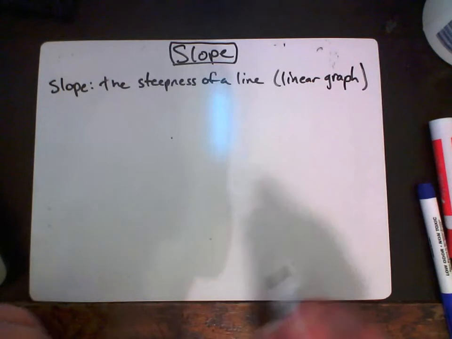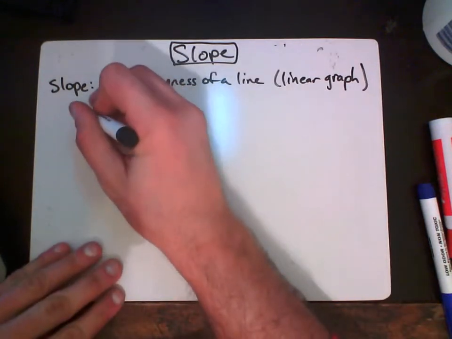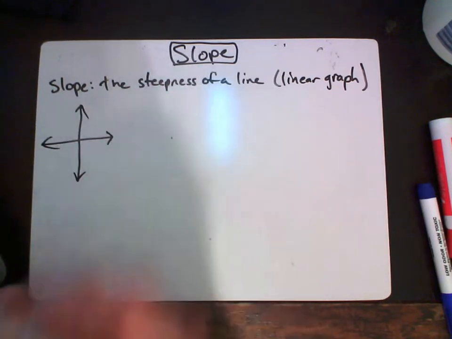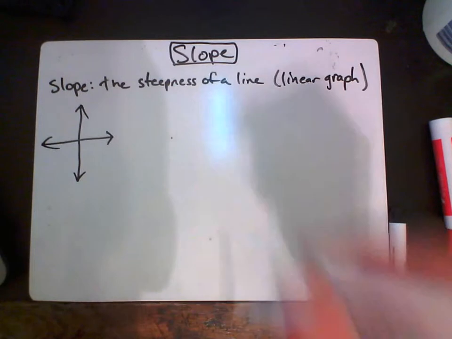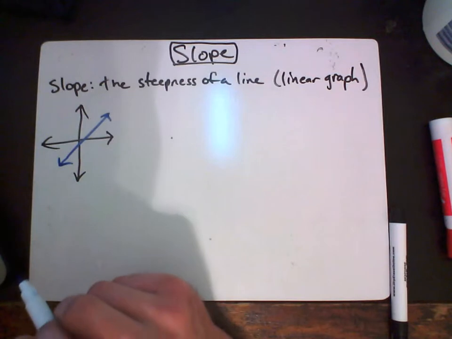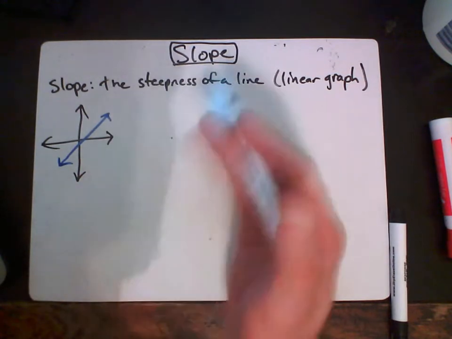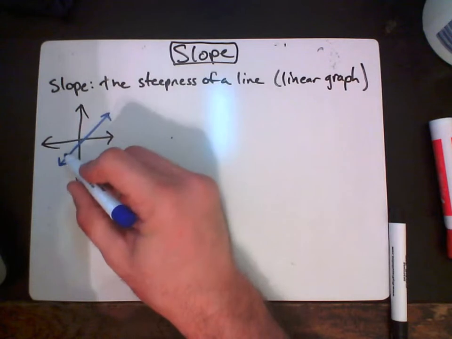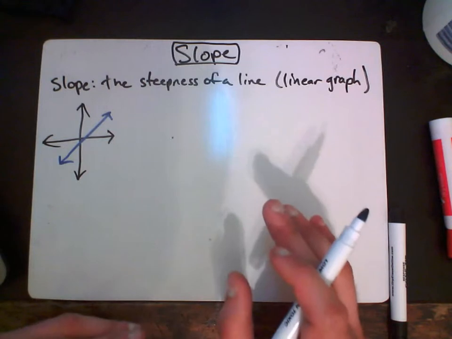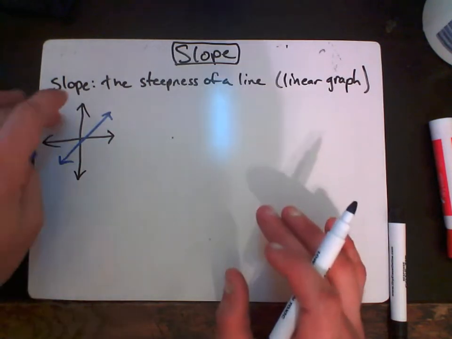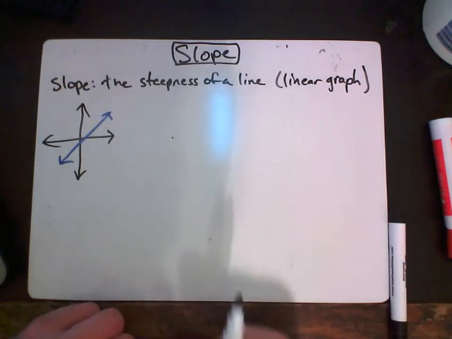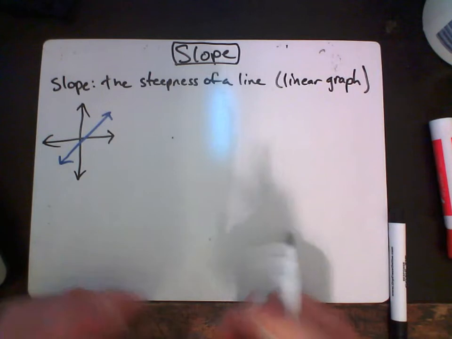From previous work, we know that when graphed, a linear function or linear data, depending on where we're at, is going to be a straight line, as you can see here. I didn't give those points at any point in time. I just wrote it down, so we can think that straight line equals linear.